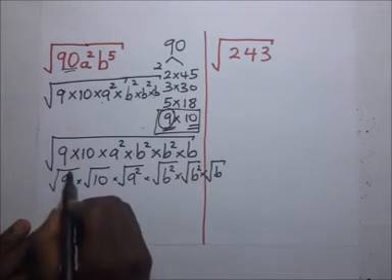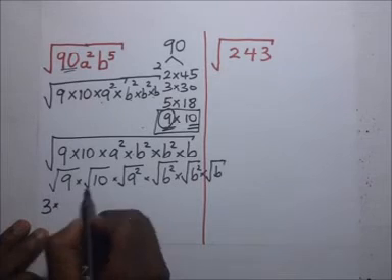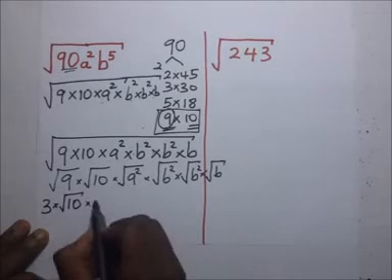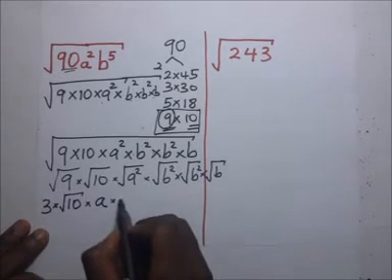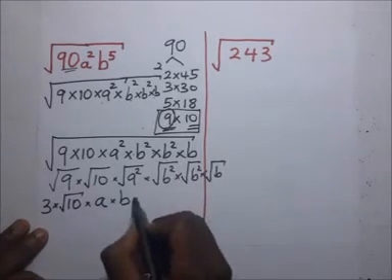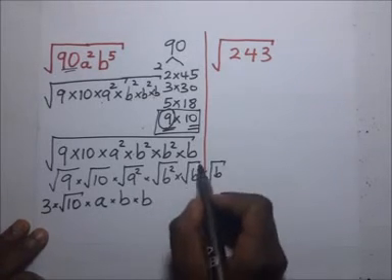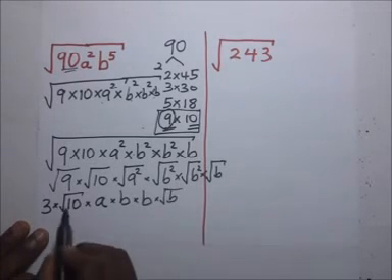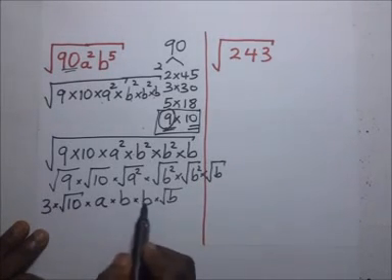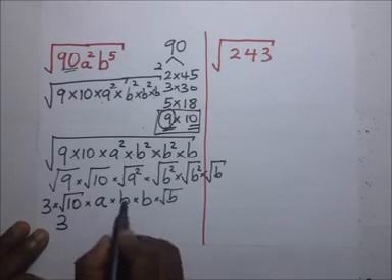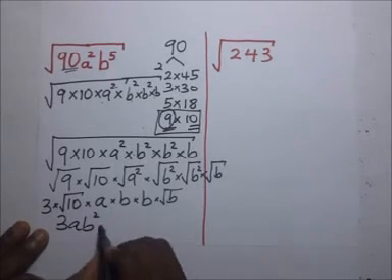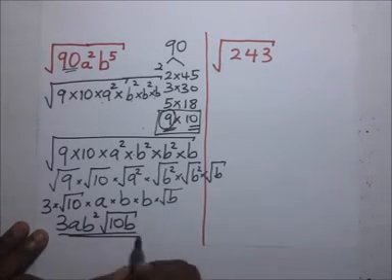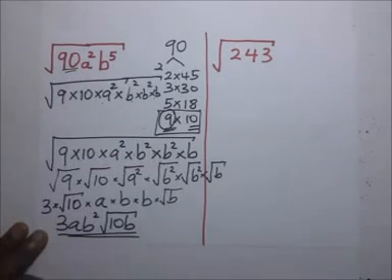So this becomes the square root of 9, which is 3, times the square root of 10, which remains as the root of 10, times a squared, which is a, times b squared, which is b, times b squared, which is b, then times the root of b. So this is going to be 3 times a times b squared times the square root of 10 times b, which is 10b. And that is the simplified form of this.